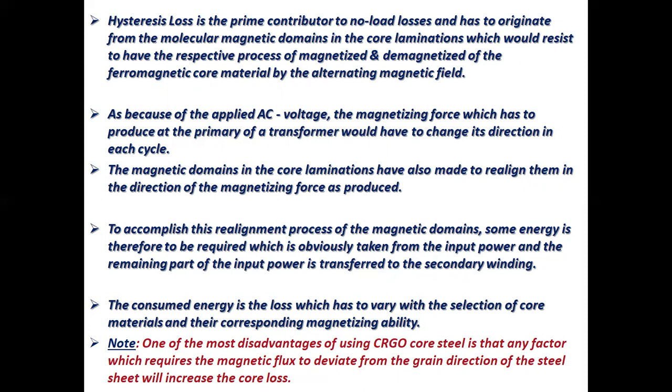The magnetic domains in the core laminations are also made to realign in the direction of the magnetizing force as produced. To accomplish this realignment of the magnetic domains, some energy is required, which is obviously taken from the input power, and the remaining part of the input power is transferred to the secondary winding.